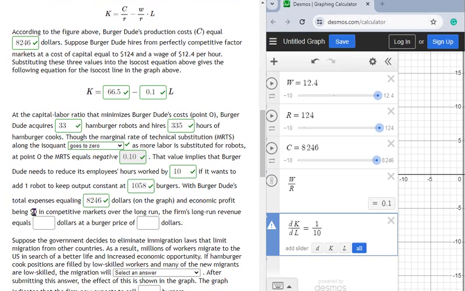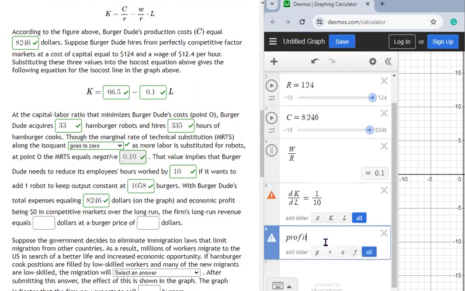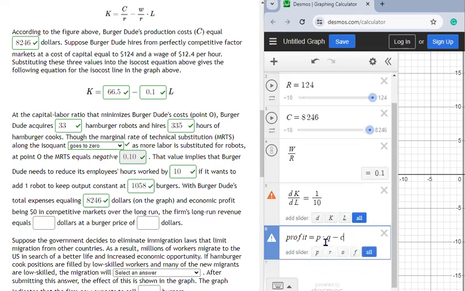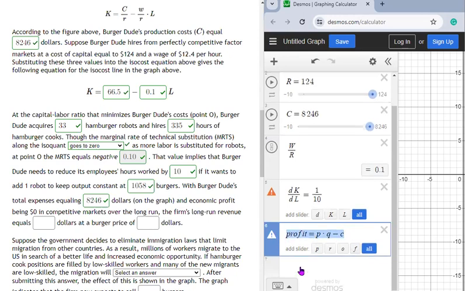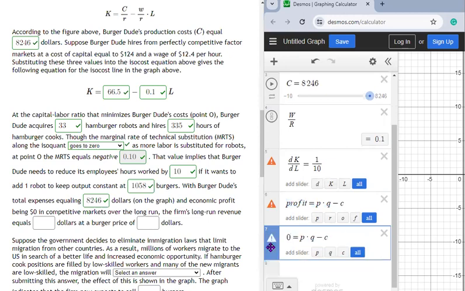So with Burger Dude's total expenses equaling that, and economic profit being zero in competitive markets over the long run, profit is equal to price times quantity minus cost, right? And we're saying that economic profit, not profit, but economic profit, is zero in the long run, right?